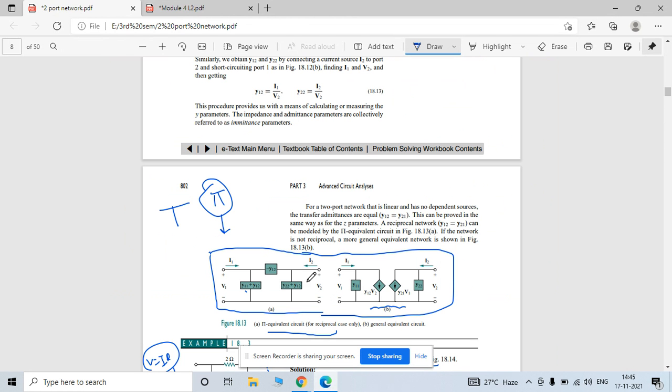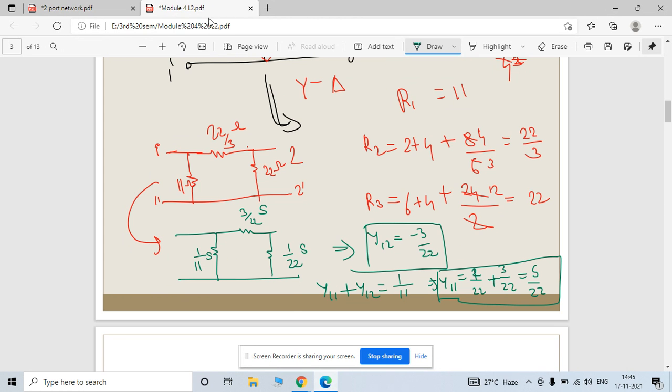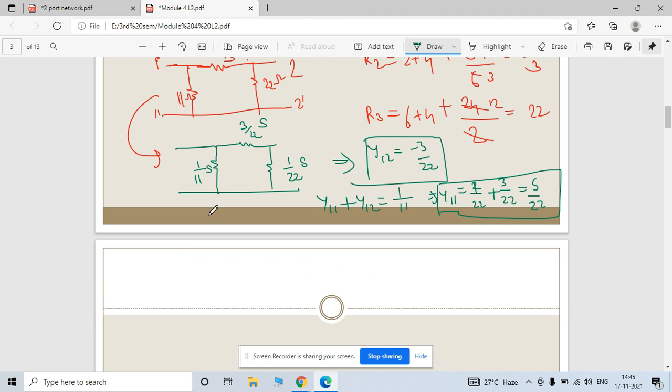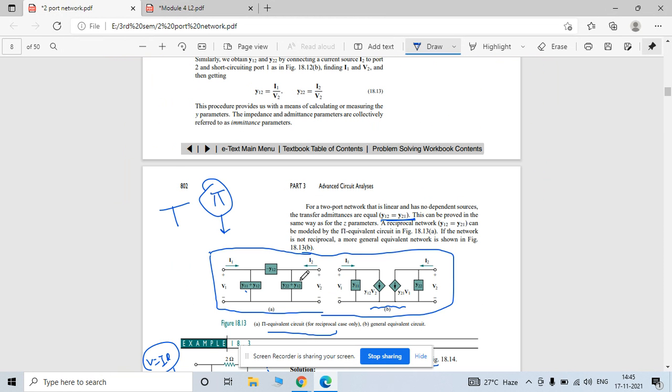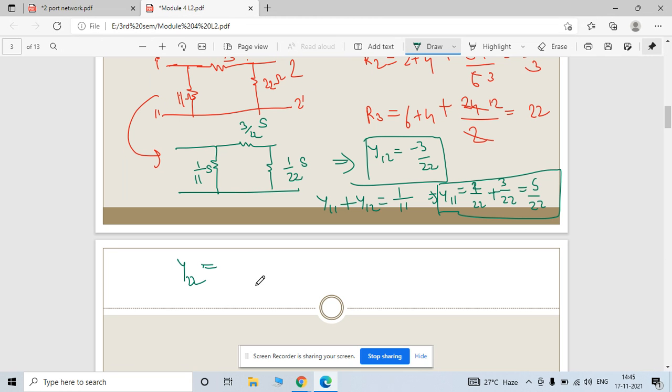Similarly you can easily find out y22 plus y12, and be noted that y12 equals y21. Now see, how to find out y22? It is nothing but the sum of these. Both are addition. So from here it will be minus, so y12 is already minus 3 by 22, it becomes plus.